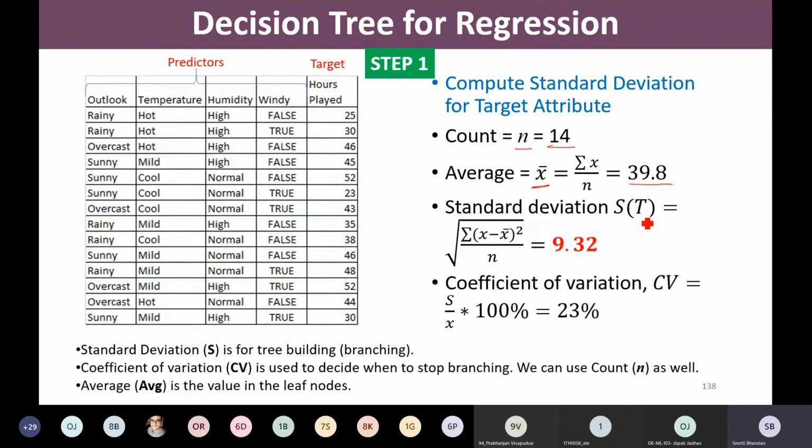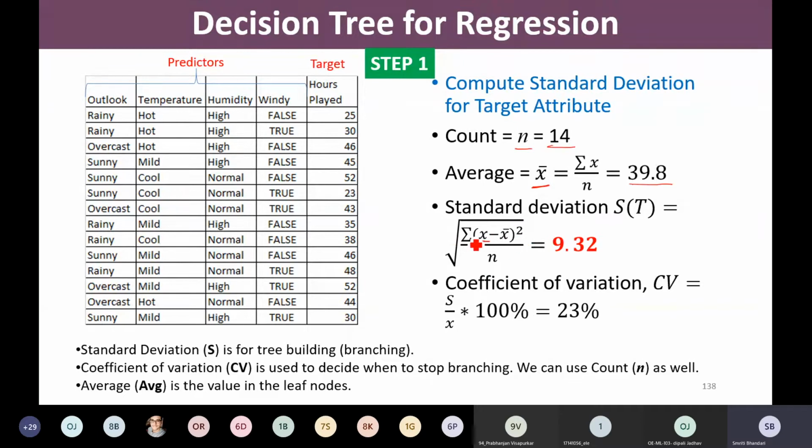T stands for target attribute. So standard deviation for target attribute is computed by making use of this simple formula. We know this formula. So what we are having here is square root of summation (x minus x bar) square divided by n. So x is, for every sample now, this value, hours played, minus average x bar, whole square.